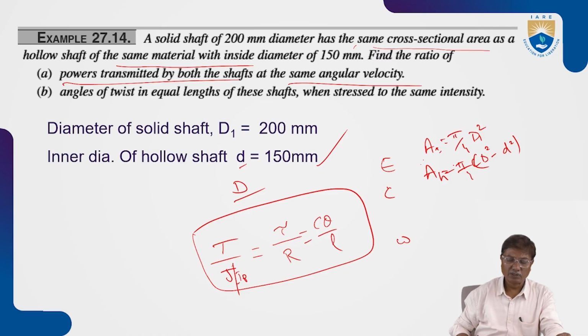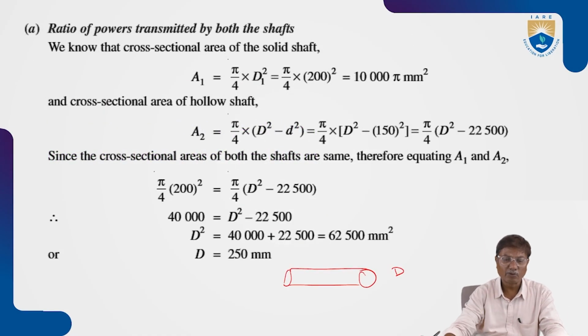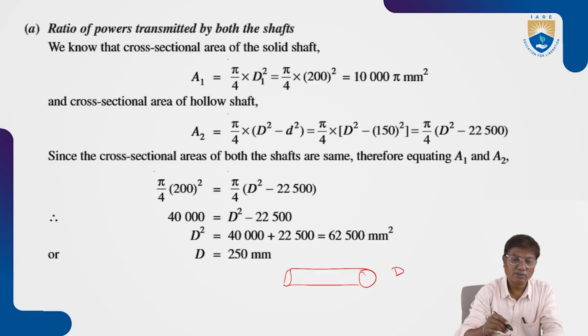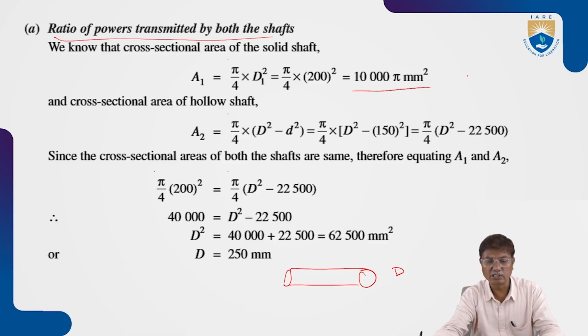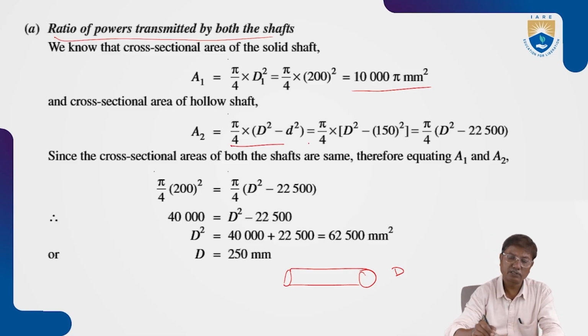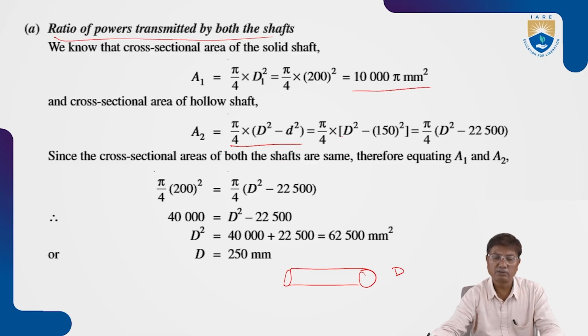To find the ratio of powers transmitted, first let us find the area of the solid shaft, pi by 4 D1 square, and the area of the hollow shaft, pi by 4 into capital D square minus small d square.